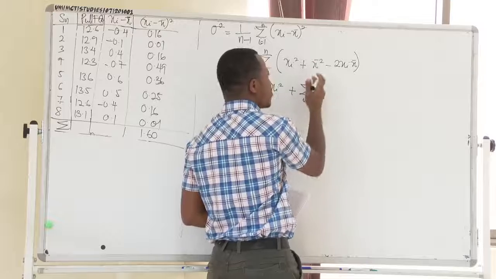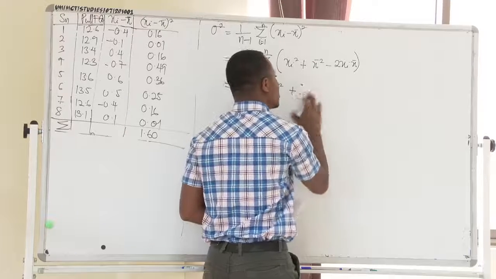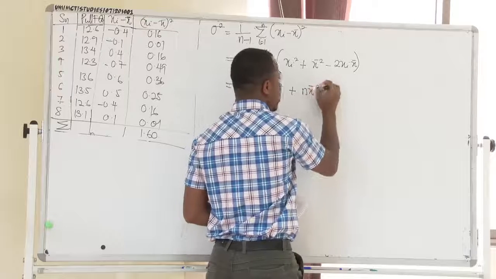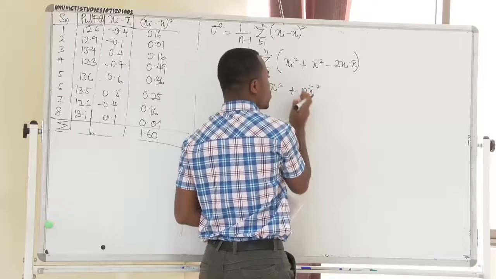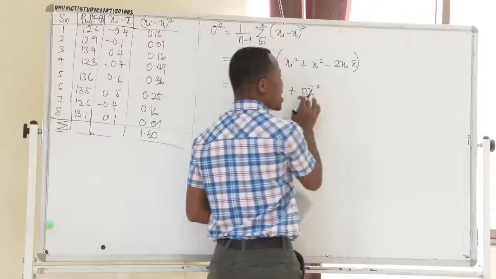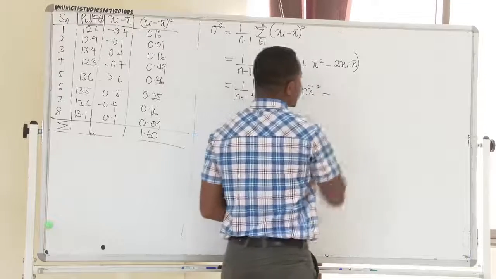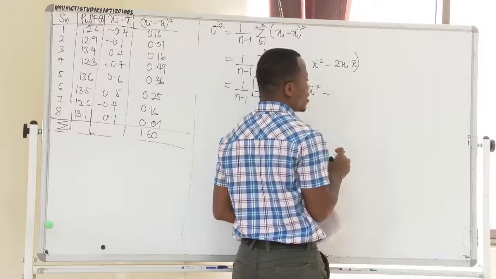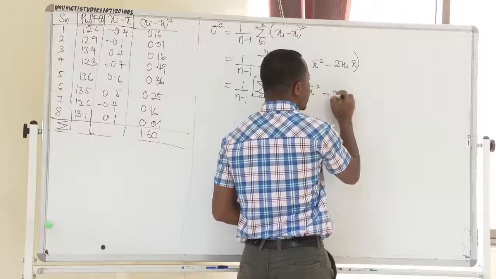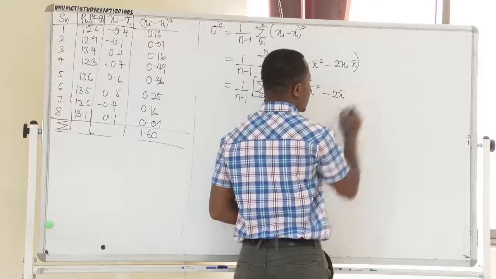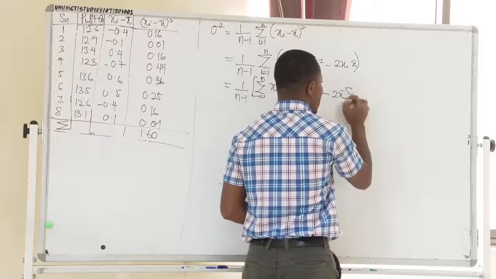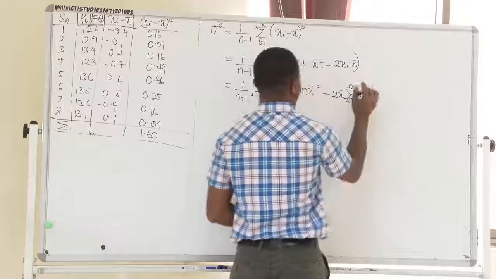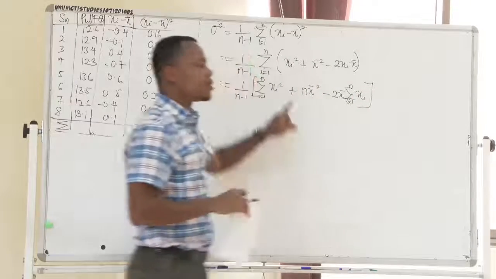But because we are summing from 1 to n, this is the same as n times x bar squared. So we are going to find this one, n times, okay? Minus, for the last term, we are just going to bring the constant out, 2 x bar. Then remember we have an iterative term in there, summation of xi. And that gives us the term we need.